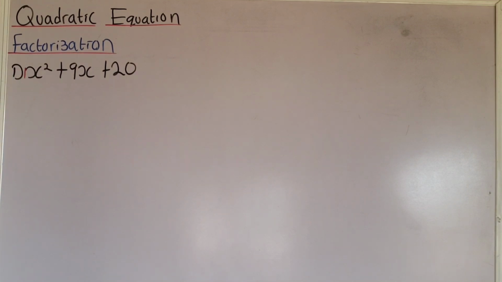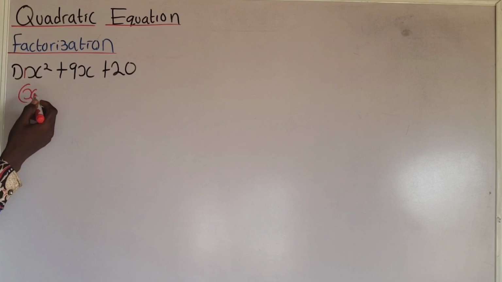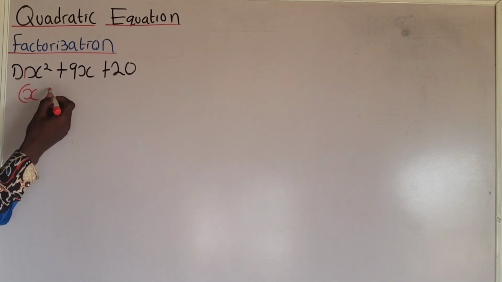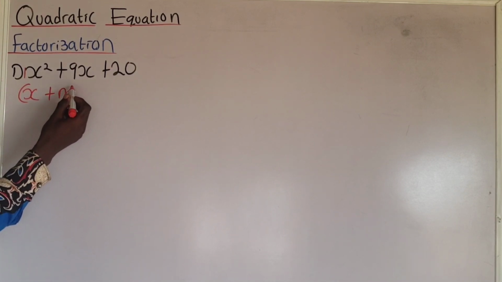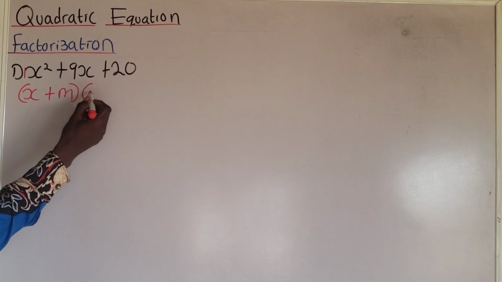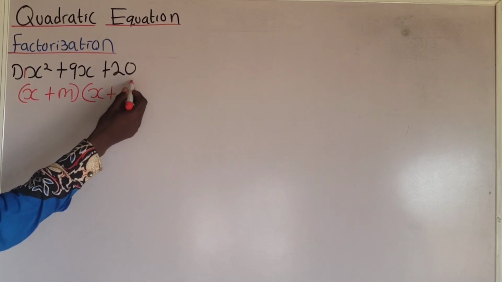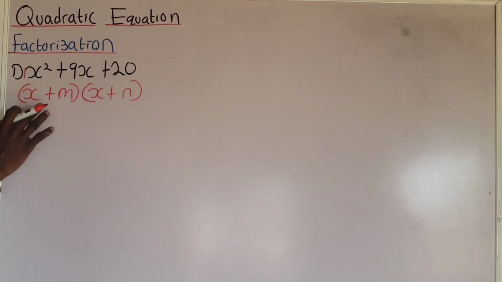Because this quadratic has an a value of 1, we know that it is going to be factored into two factors, because this is a trinomial quadratic. So we are going to have (x + m) and (x + n). I just represent the two numbers by m and n.